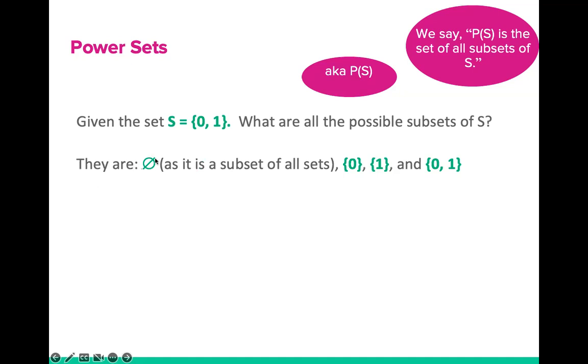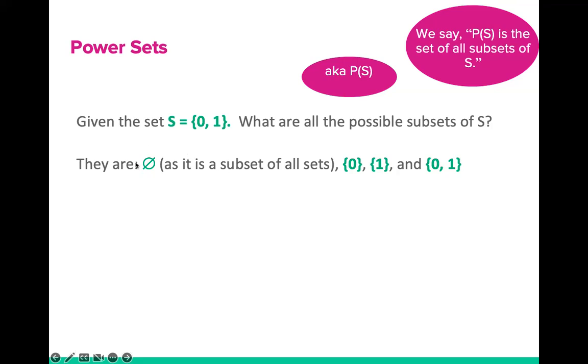First is the empty set, because an empty set is a subset of all the sets. And we could either have a set containing just one element, which could either be 0 or 1, and a subset which could contain all of the elements of S, since any set is a subset of itself.